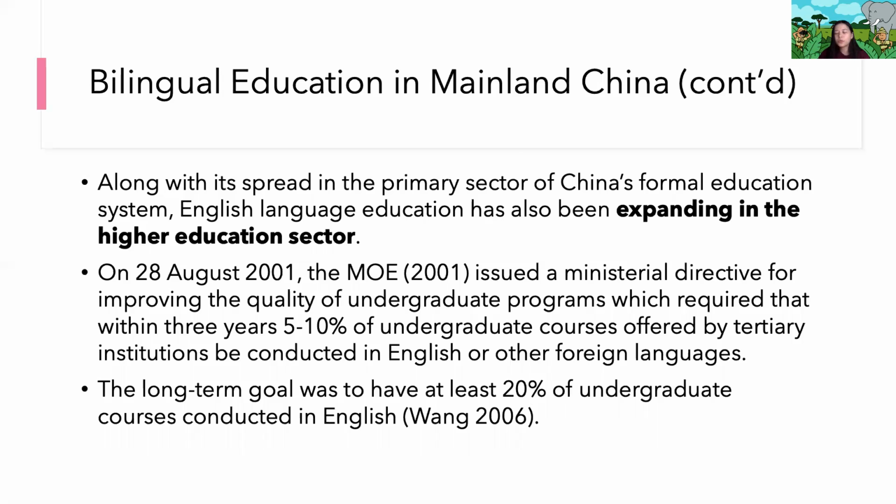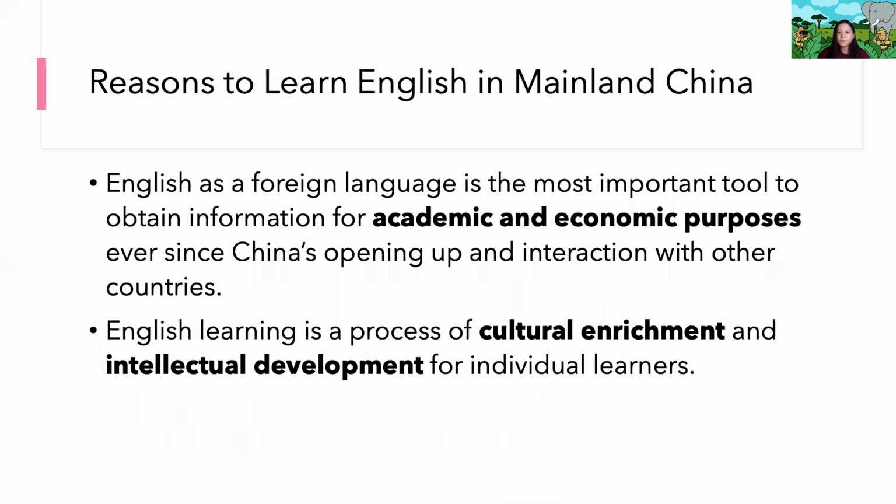But English would be the most prevalently used foreign language in China. The long-term goal was to have at least 20% of undergrad courses conducted in English.